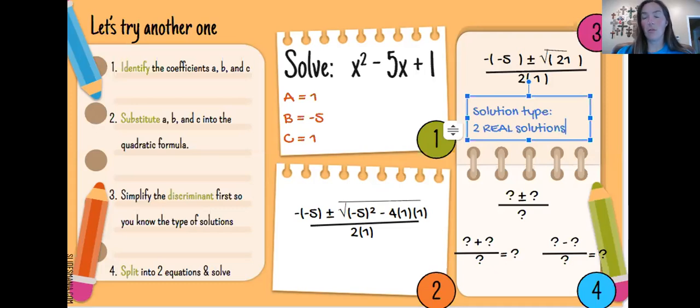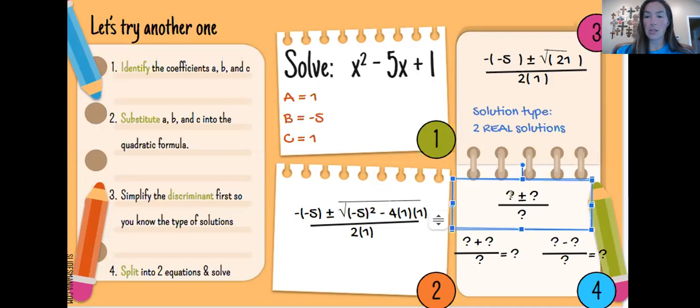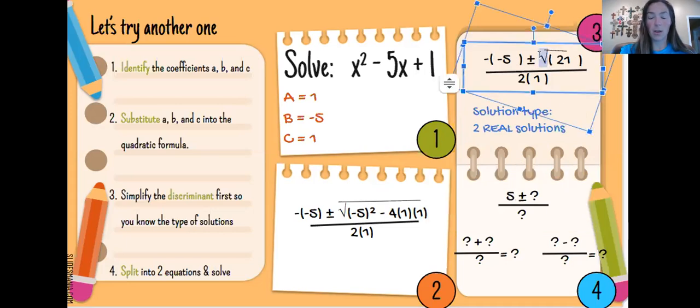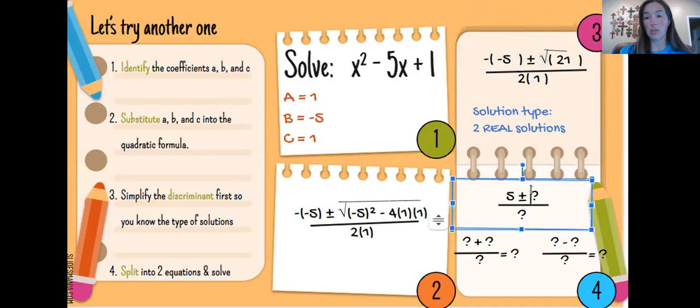That means that we could graph this and find those solutions. So now what does this look like? Well, if I do -5, that comes out +5. And then I would get the square root of 21. And again, I'm going to copy that square root symbol and paste it in here because that's just the easiest thing to do. And then on the bottom, 2 times 1 would be 2.